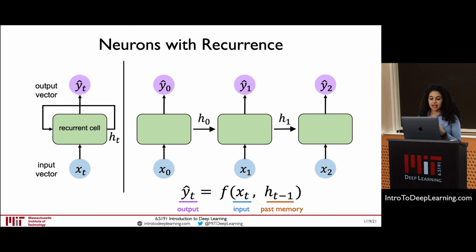And because, as you see in this relation here, our output is now a function of both the current input and the past memory at a previous time step, we can describe these neurons via a recurrence relation, which means that we have the cell state that depends on the current input and again on the prior cell states.